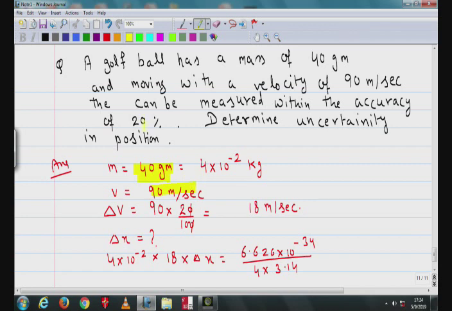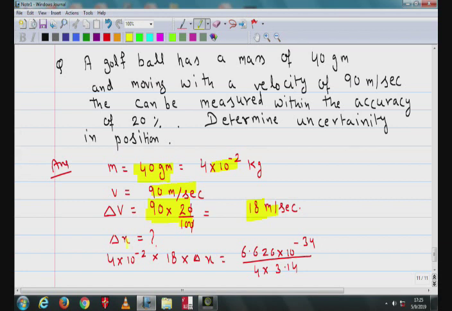This 20% signifies the uncertainty involved with the velocity. So what will you do? The uncertain value will be 90 into 20 by 100, which means 20% of 90. When you solve it, you will get the value of 18. So you have the uncertain velocity. Now you just have to put these values, mass and velocity, in the relation that we have discussed earlier, and you will get your answer.